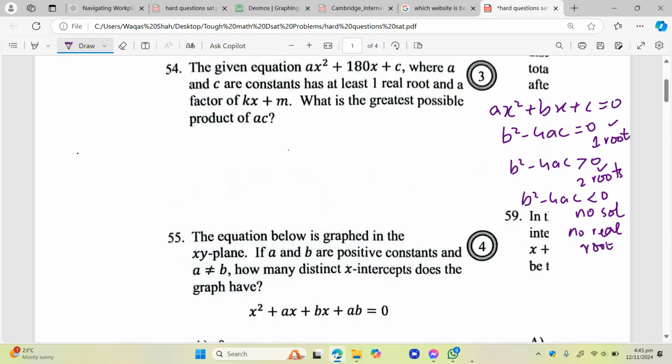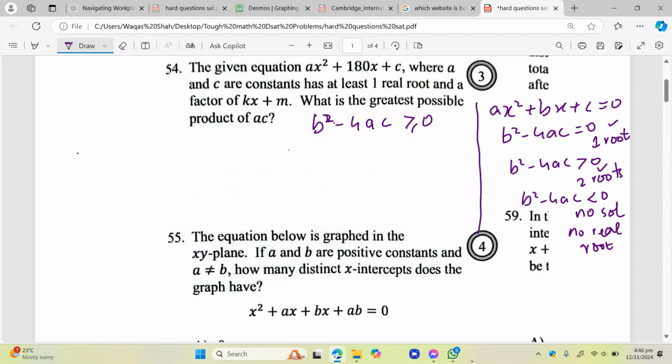Okay, and here it's given that the equation has at least one real root, which means it will have at least one, or it will have two roots. Okay, so we can write discriminant b square minus 4ac is greater than or equal to 0, because if the discriminant is 0, then it will have one root, and if it's greater than 0, then it will have two roots.